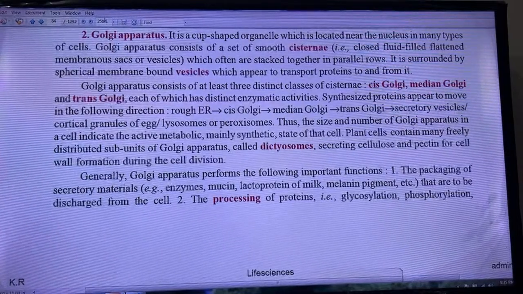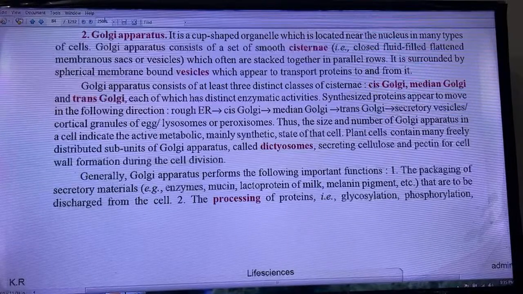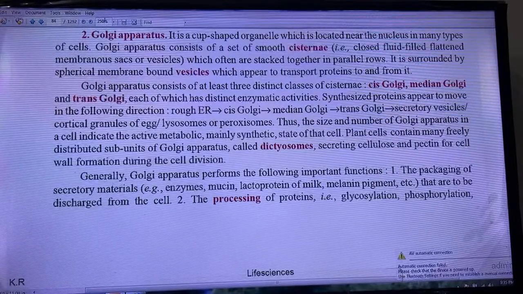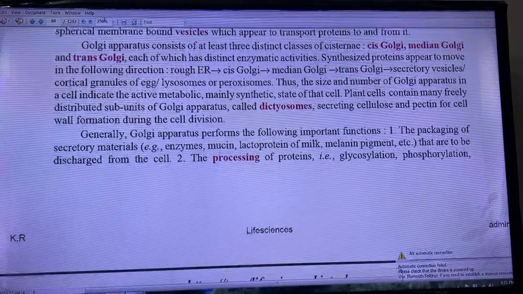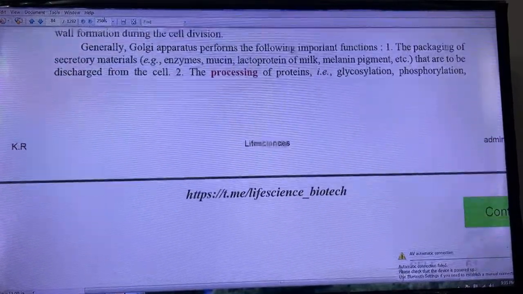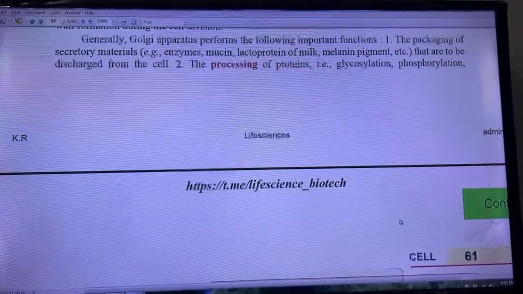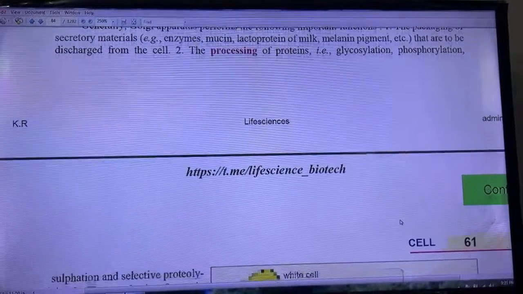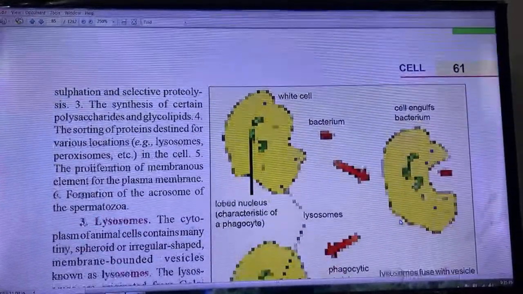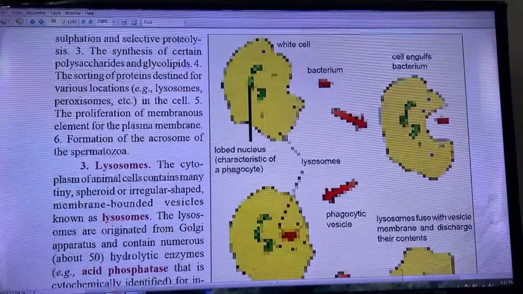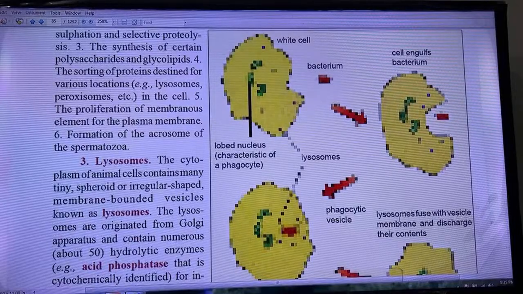The processing of proteins: glycosylation, phosphorylation, sulfation, and selective proteolysis.